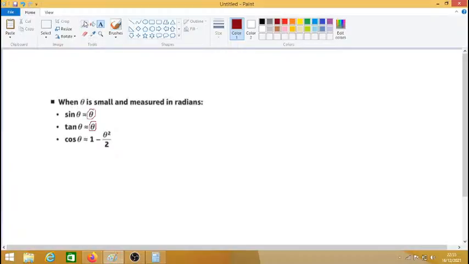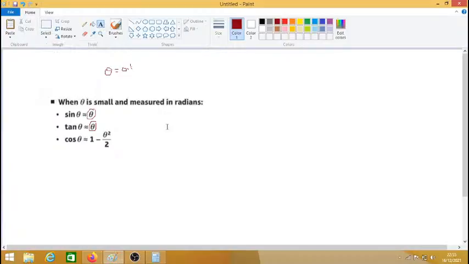If I said the angle was 0.1, then the sine of 0.1 would just be roughly 0.1. Tan of 0.1 would be roughly 0.1. And the cosine of 0.1 would be equal to 1 take away 0.1 squared over 2.